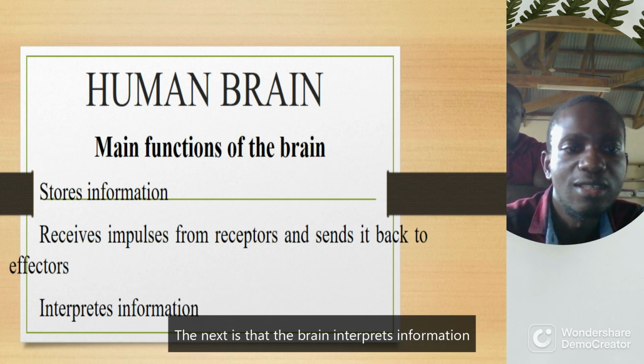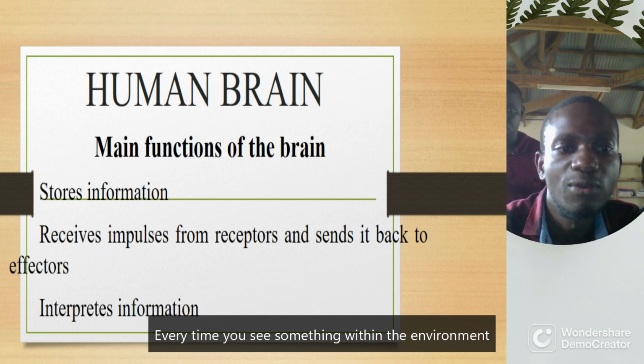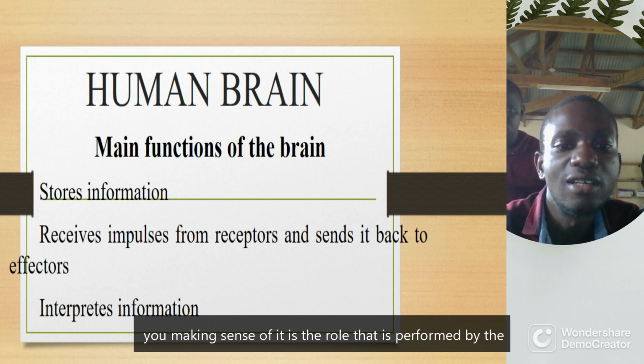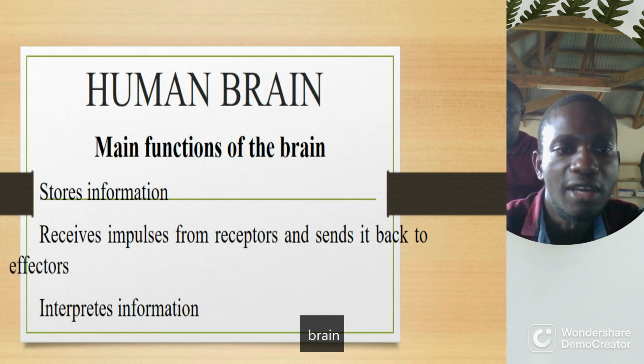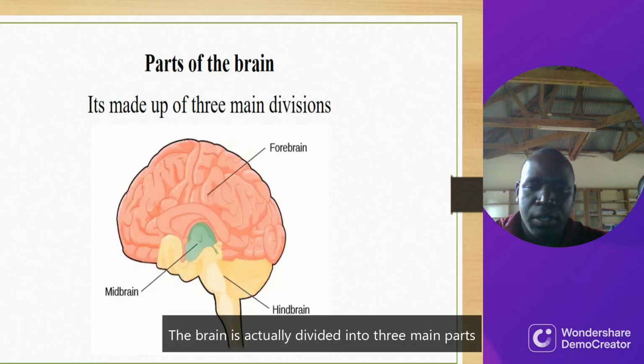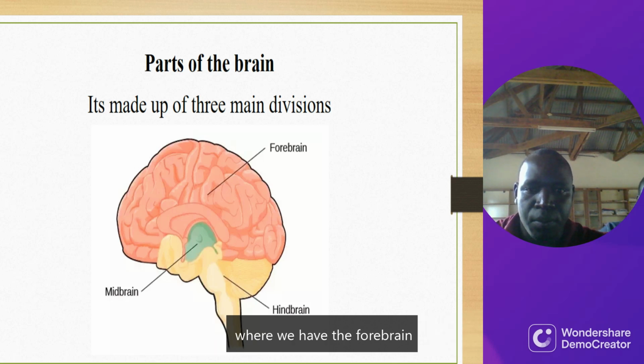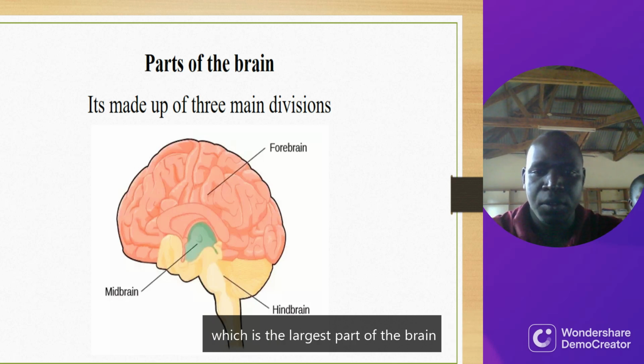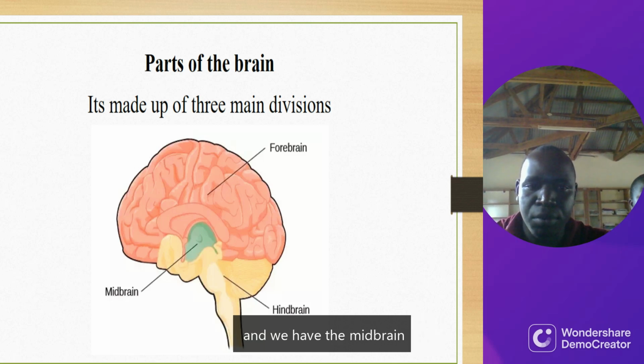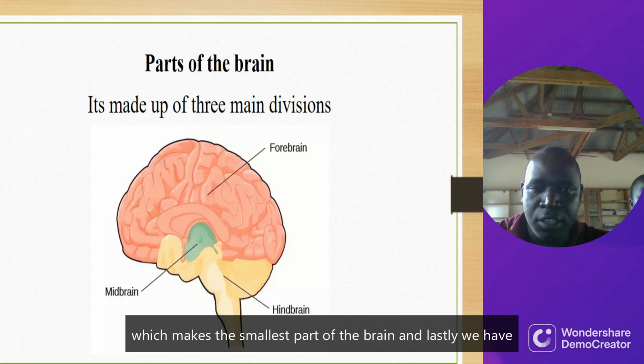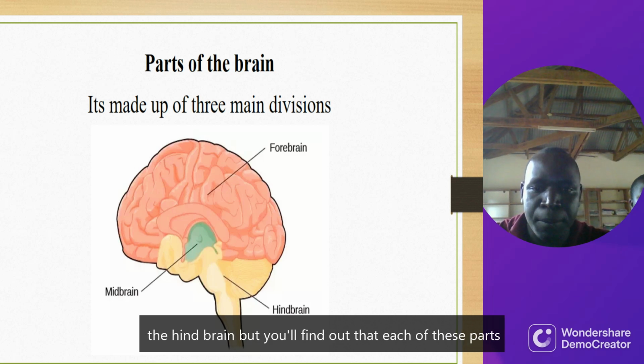The next is that the brain interprets information. Every time you see something within the environment, you making sense of it is the role that is performed by the brain. The brain is actually divided into three main parts, where we have the forebrain, which is the largest part of the brain, and we have the midbrain, which makes the smallest part of the brain, and lastly we have the hindbrain.